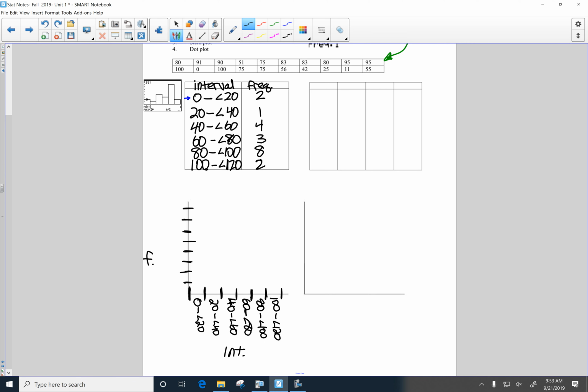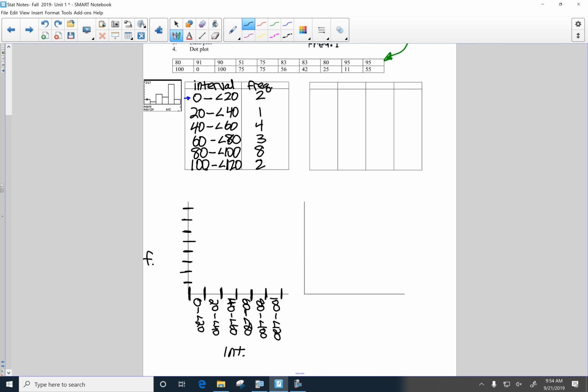The default is assumed to be 1 tick mark equals 1 unit. If you're going by something other than ones, you have to give me an indication. You don't have to label every tick mark, but label 1 or 2 of them. Maybe you label the last one. Like if this were going up to 16 and you were going by 2s, just label the last one 16 so I know. Or label the first one 2. It doesn't matter to me as long as you give me a measure of the scale somewhere.